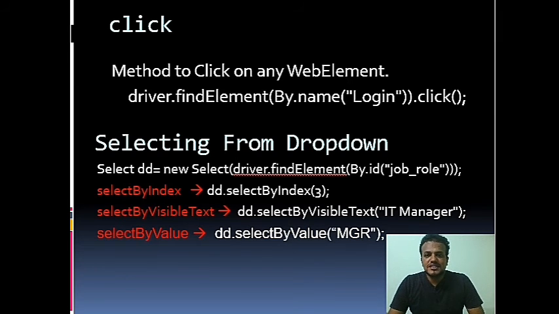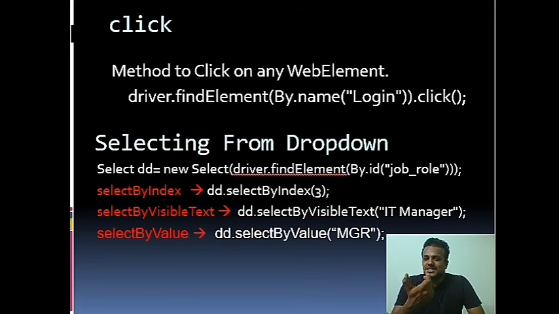There are three methods to select a value from the drop down. The first one is by index, the second one is by visible text, and the third one is by value. Index is the number at which it resides. It takes integer values from 0 to n minus 1.